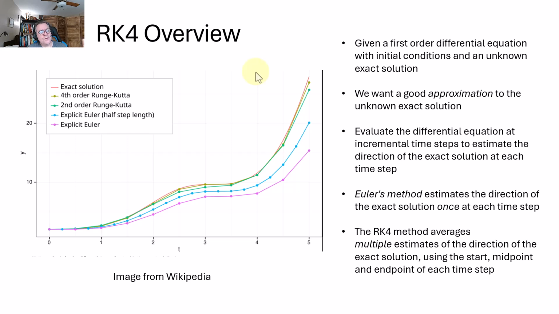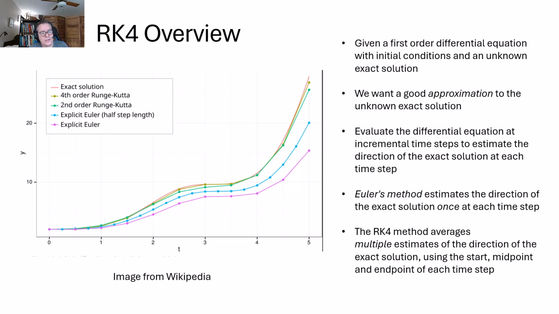So a quick overview of the RK4 method. We're given, in general, a first-order differential equation with some initial conditions and some unknown exact solution. You can just barely make out the exact solution in red in this graph. And we're looking for a good approximation to that unknown exact solution.